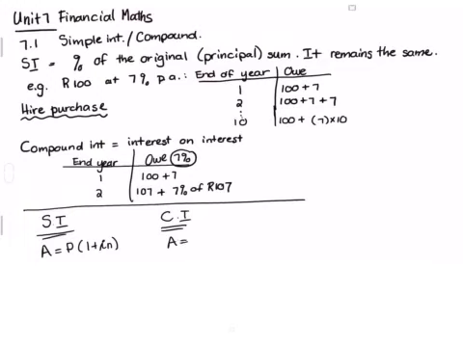For compound interest, A equals P times (1 plus I) to the power of n, where with both of them, P is your principal amount, the amount that you originally borrowed or invested. So P is the original amount. A is the final amount. How much will it amount to in the end?